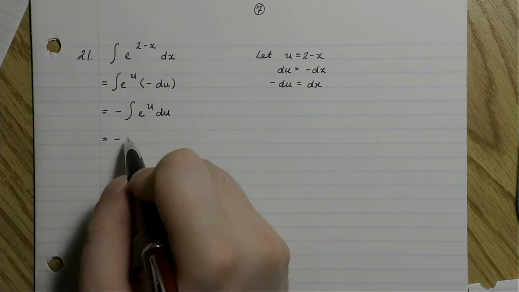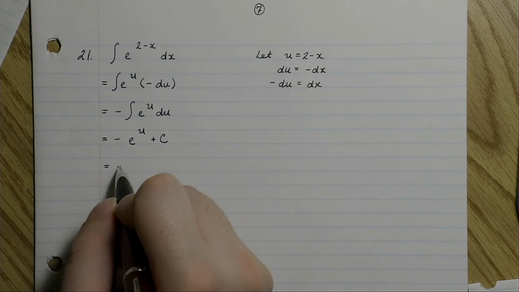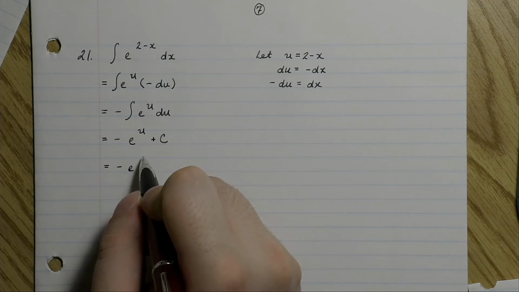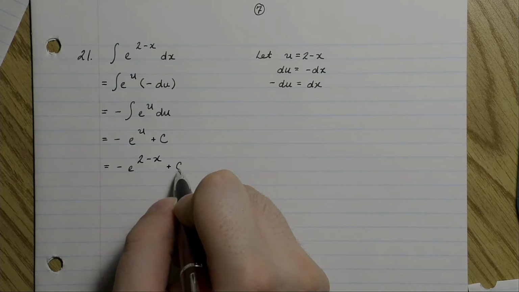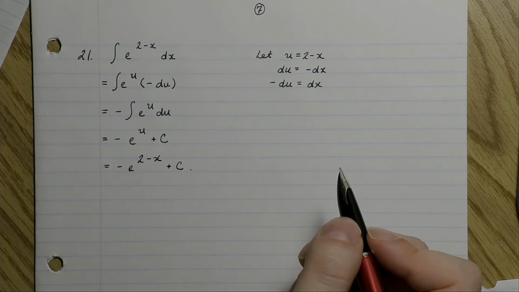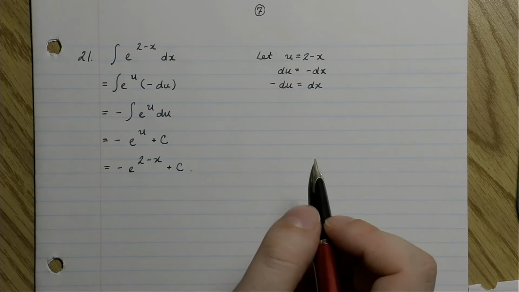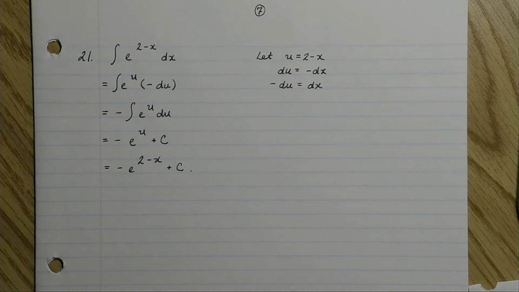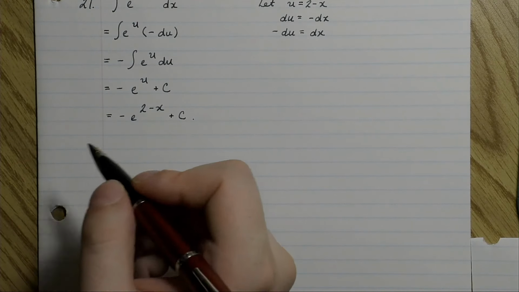And then integrating that, so I get e to the u plus constant. And then replacing the u in this case, which is 2 minus x, plus c. And that's what matches at the back of the book, so that's good. We're just rolling through all these exercises now.